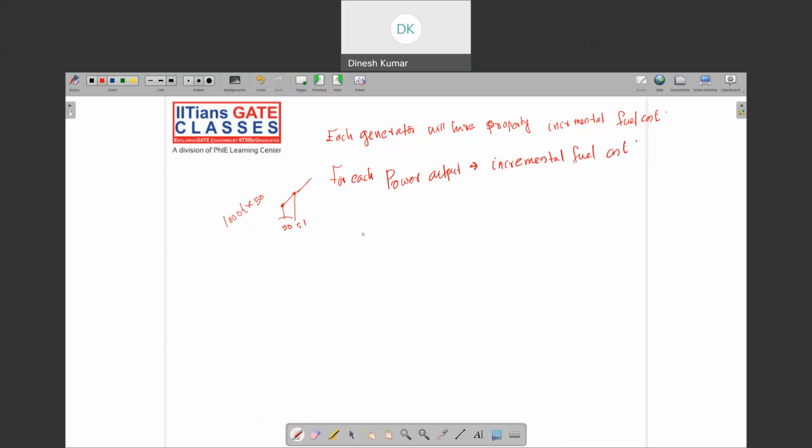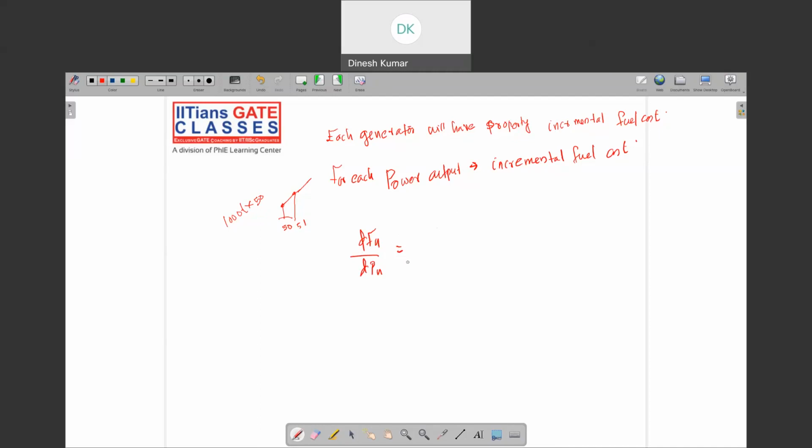So we write dFn by dPn, where F is the fuel cost and P is the power. We can say it is almost linear. In most of the questions, we assume it to be linear. We will take the slope of that particular curve.